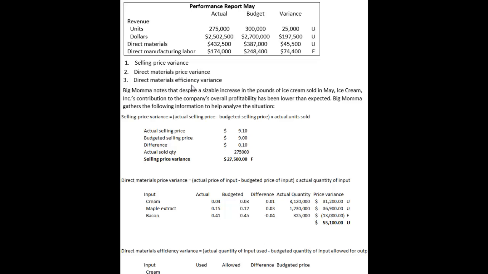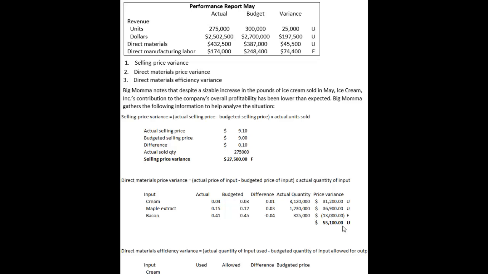And so one thing I want to point out, it probably doesn't make much sense, you probably don't appreciate it, is we're looking at this performance report. You can see that we have a $45,500 unfavorable variance. When I first looked at it, I said, okay, well, a direct material variance is two things. That's the price variance and the efficiency variance.